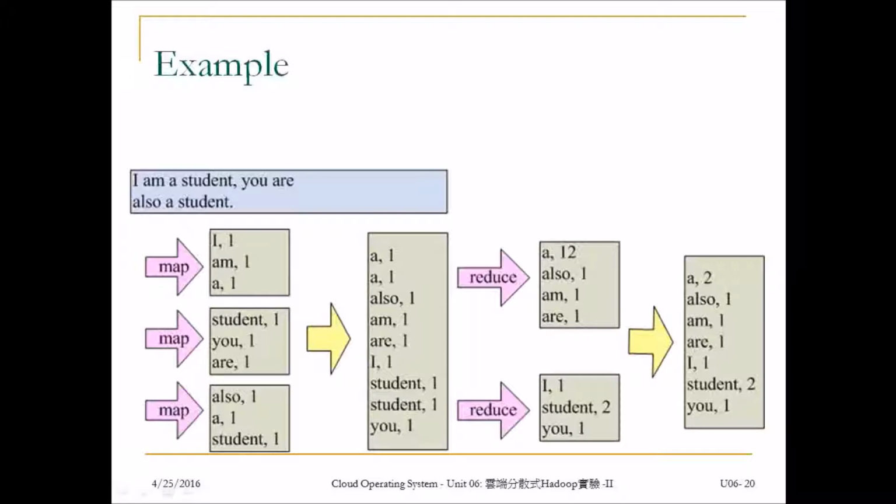They appear 2 times. And after the merge or reduce task, these two same keys student will merge their appearing times. So in reduce task 2, we find the key student will have the value 2.